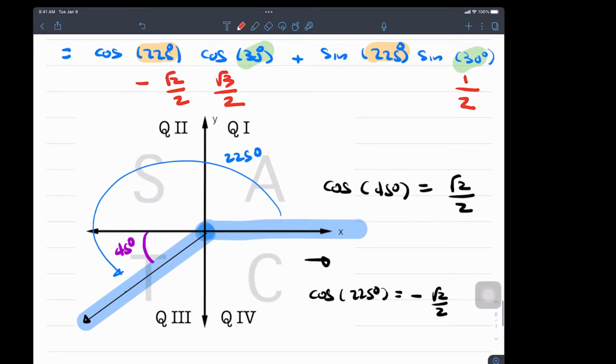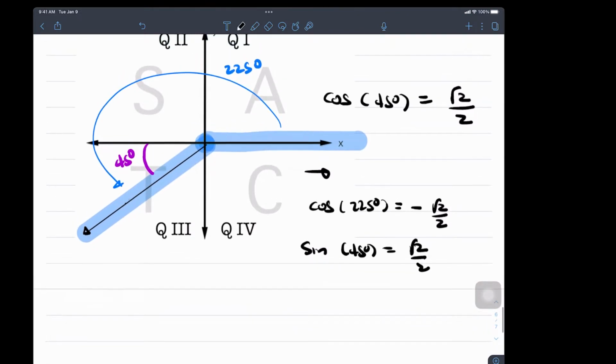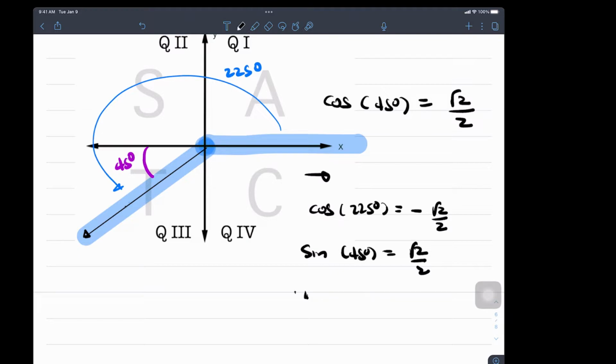And then what's sine? Well, sine 45 is square root of 2 over 2. And so sine 225 is what? Negative square root of 2 over 2.